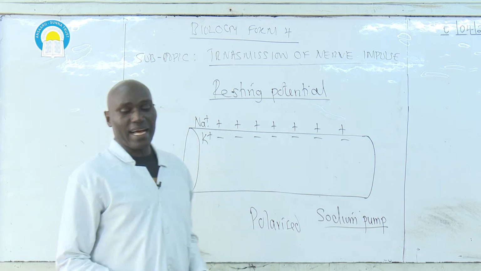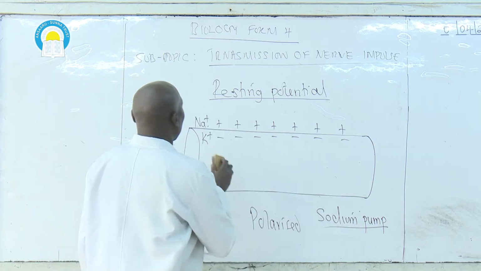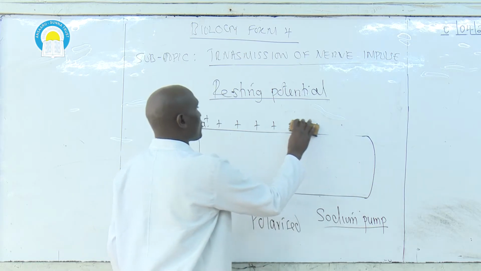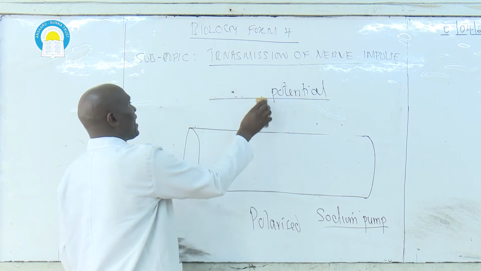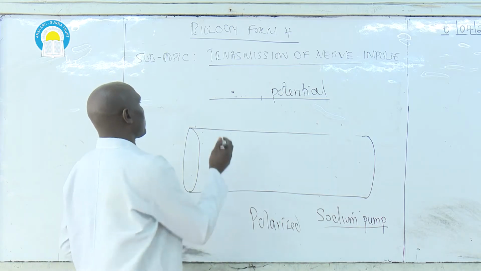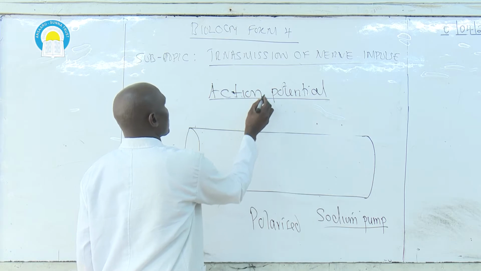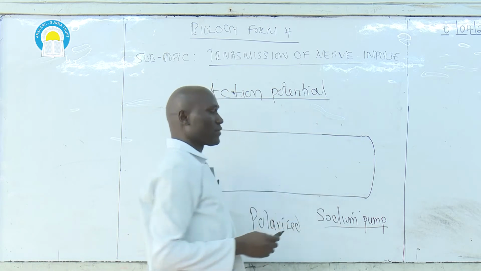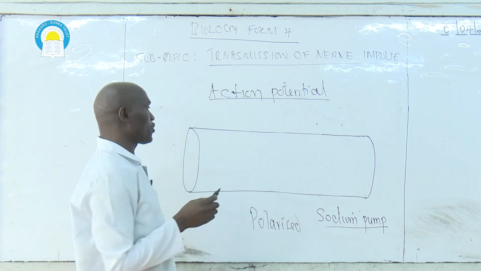Then, at action potential, when a nerve impulse reaches a section of the axon, the axon becomes depolarized. So during action potential, sodium pump ceases to function.